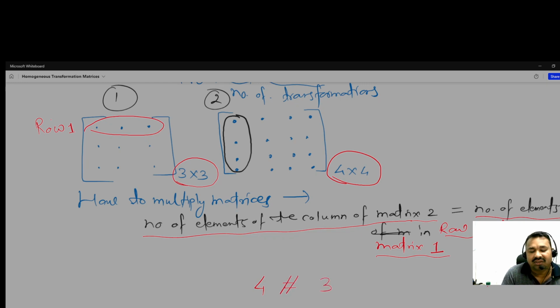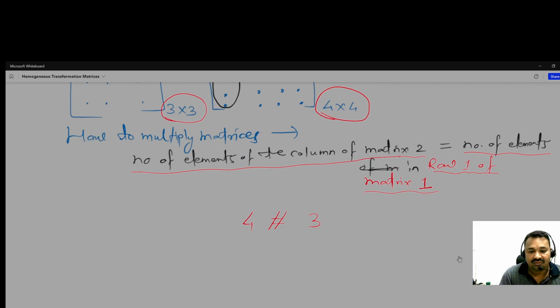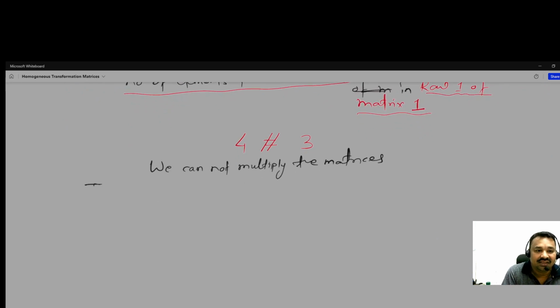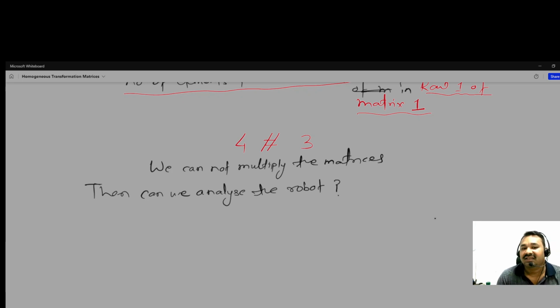So both are not equal, so we cannot multiply the matrices. If we cannot multiply, then can we analyze the robot? Means to know about the manipulator, the end effector, what are the x, y, z coordinates, what about the orientation of the manipulator, this we cannot know.